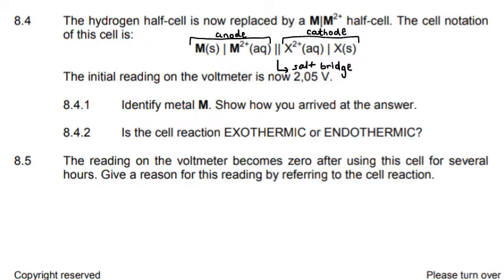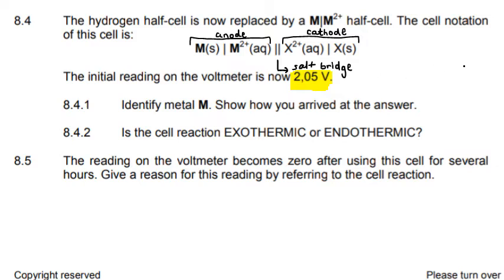Then we're told that when they set that up, the voltmeter is reading 2.5 volts, which tells us that the direction of electron flow is from the right to the left.